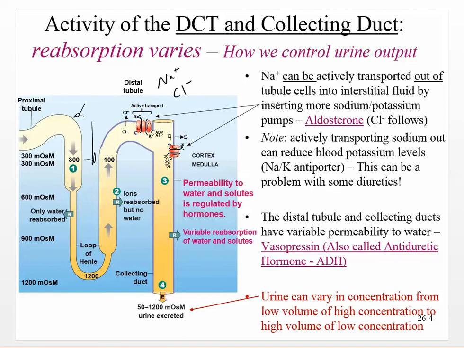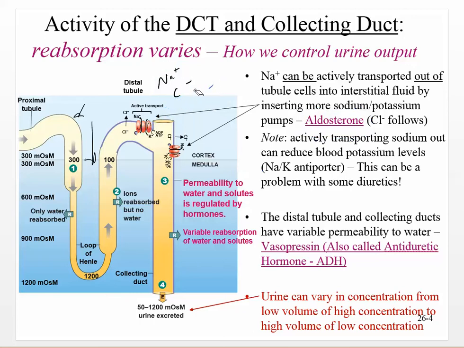If we move over here to the text, it says sodium can be actively transported out of tubule cells into the interstitial fluid just by putting more of these pumps in, and there is a hormone that does that. It's called aldosterone. When your adrenal gland releases aldosterone, it says, hey, put more pumps in there, more sodium moves out, and therefore more water moves out. So sodium, chloride, and water all move back out. Your blood pressure goes up.